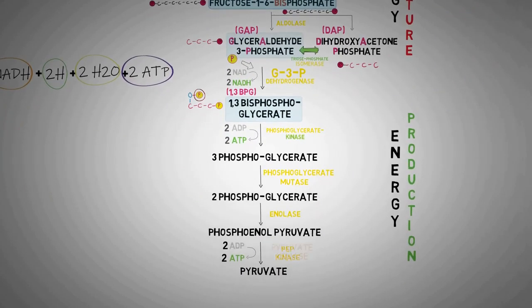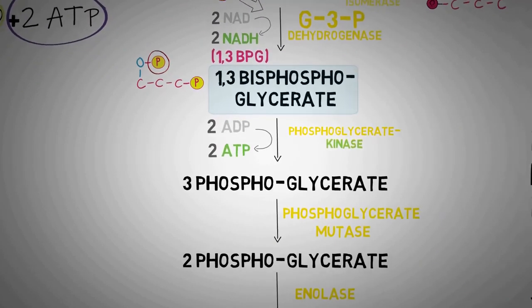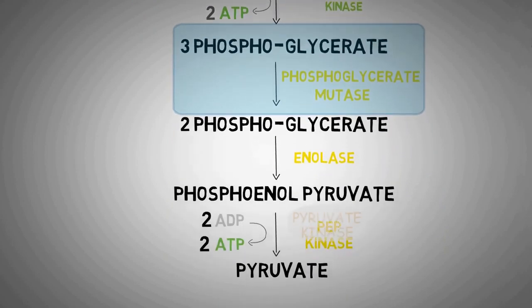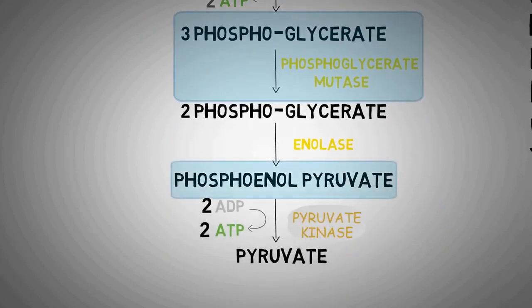In the energy generation phase, how much ATP is produced actually depends upon whether oxygen is available or not. Let's first suppose oxygen is not available. In this case, there are only 2 sites of energy generation in this pathway. One site is here when 1,3-bisphosphoglycerate is converted to 3-phosphoglycerate, and one site is here when phosphoenolpyruvate is converted into pyruvate.